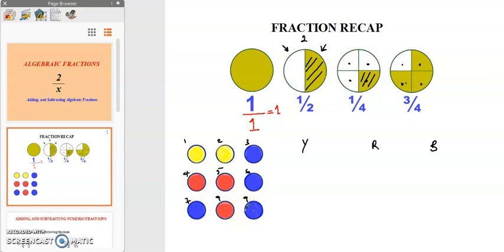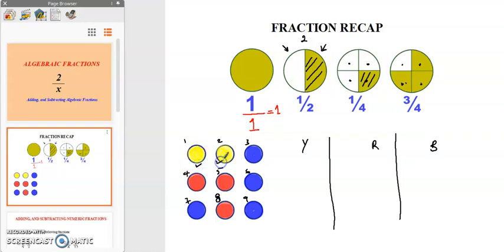We have 9 circles here that are shaded. So if we're in the yellow column now, we would count the entire amount, 1, 2, 3, 4, 5, 6, 7, 8, 9. So 9 would be the entire portion, similarly to the 4 up here. How many circles are shaded yellow?